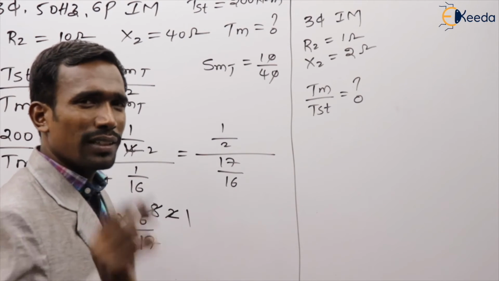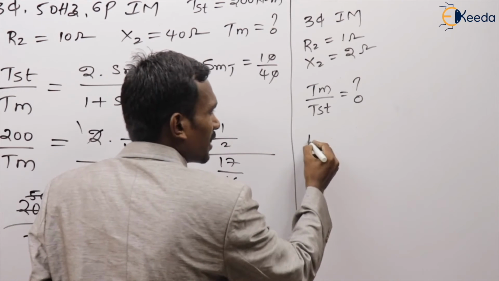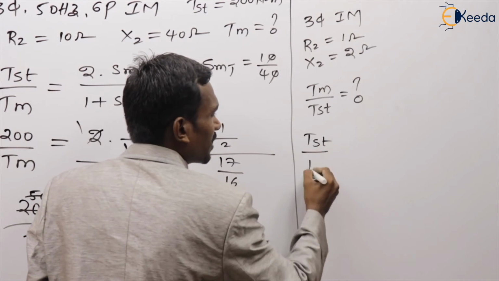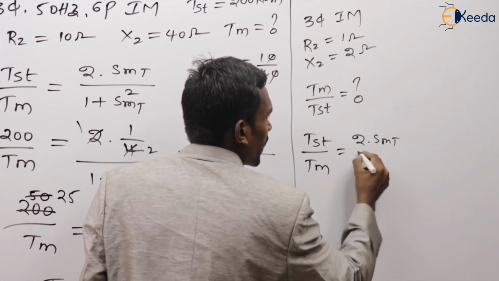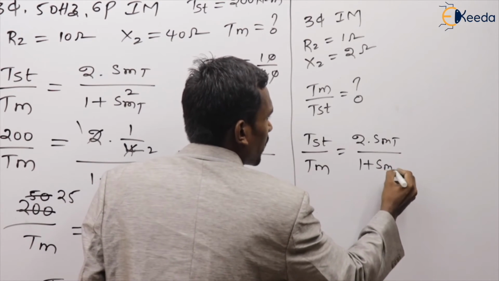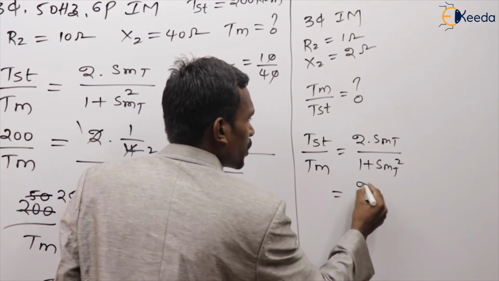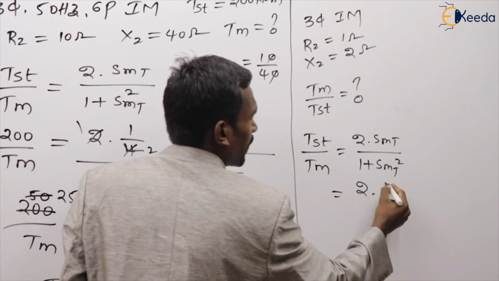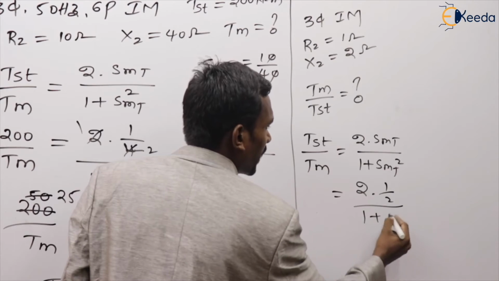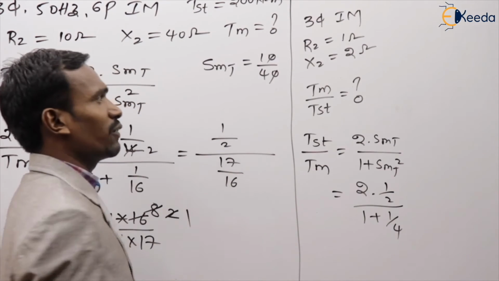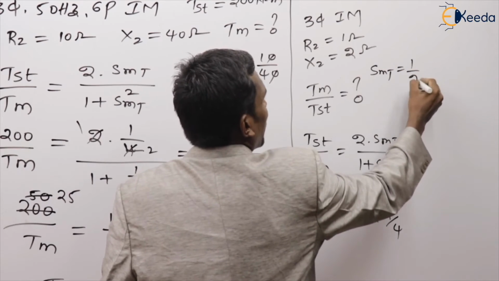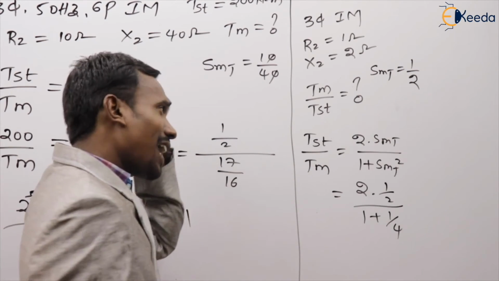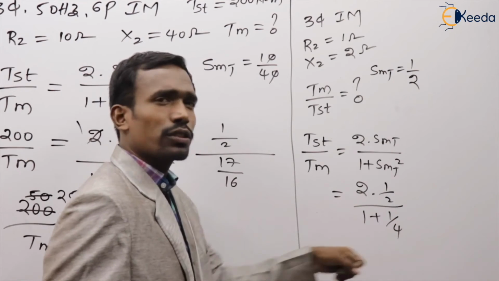Generally, people make the mistake of writing the starting torque to the maximum torque ratio as 2 into SMT divided by 1 plus SMT square. SMT is equal to R by X, which is 1 by 2. So 2 into 1 by 2 divided by 1 plus 1 by 4, because 1 by 2 square is 1 by 4.